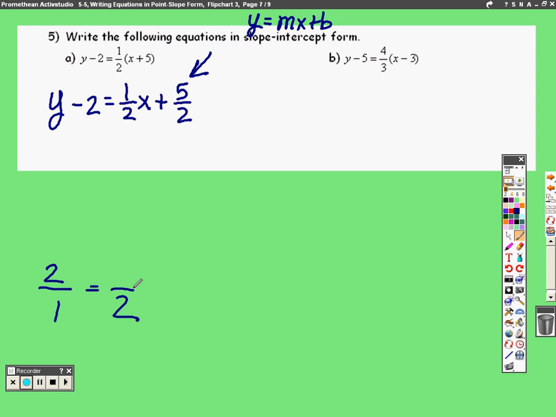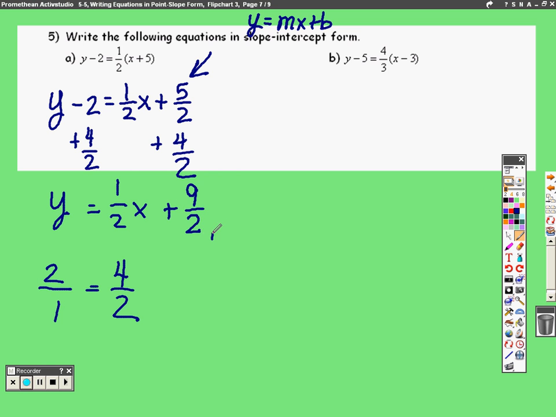I know that 1 times 2 is 2, so I need to multiply 2 times 2, which is 4. And that tells me I'm going to add 4/2 to both sides. Okay, it's much easier if I just do it all as fractions. y equals 1/2 x plus 9/2. And there I have my slope-intercept form equation.